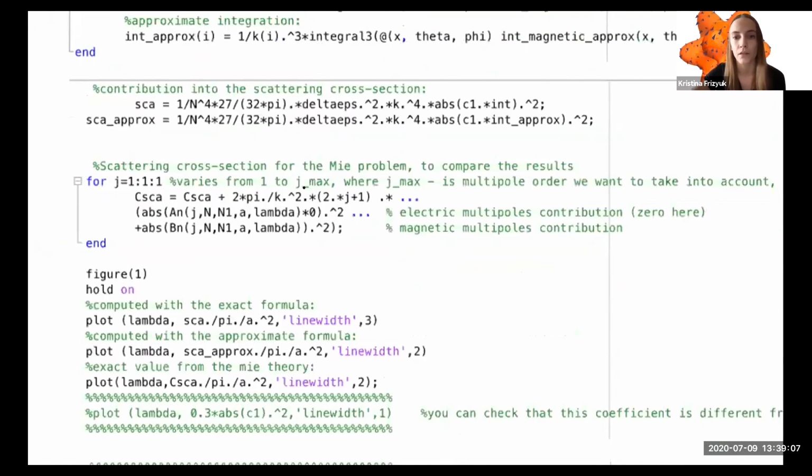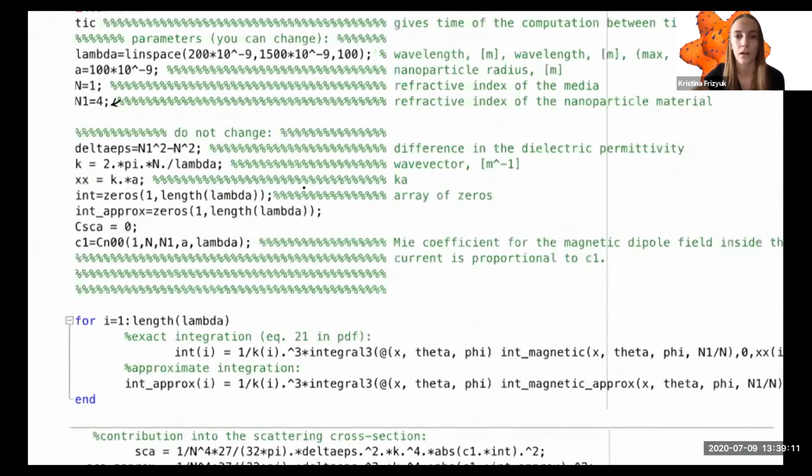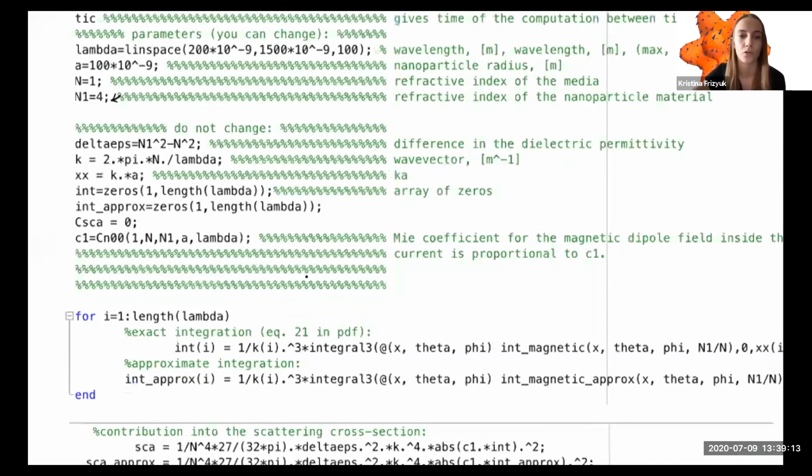And then you need to run the function, and you will also have the comparison with Mie scattering. In the case of the exact formula, you need to have a coincidence with Mie theory.